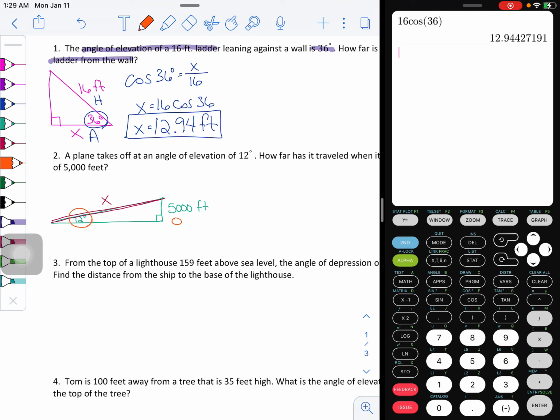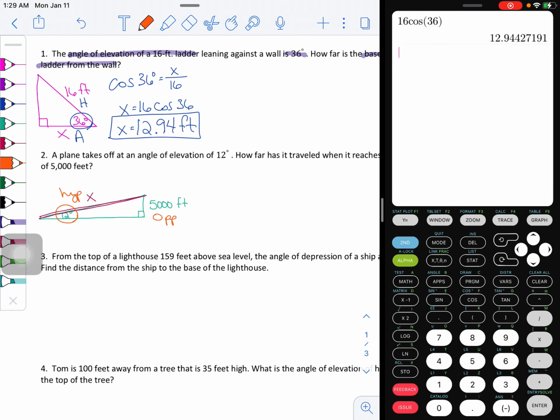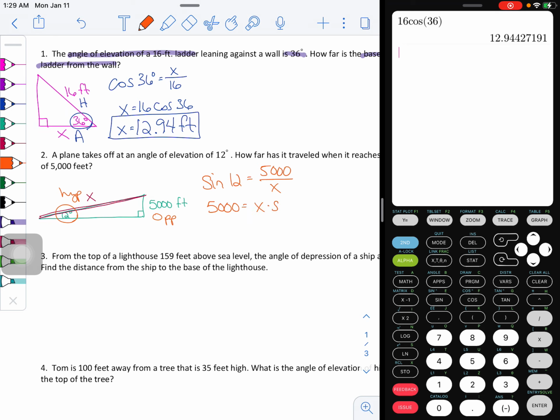So based off of that, here's my reference angle. So this is going to be opposite over here. This is hypotenuse, which means sine. So the sine of 12 degrees is equal to 5,000 over X. Cross multiply, so 5,000 equals X times the sine of 12.